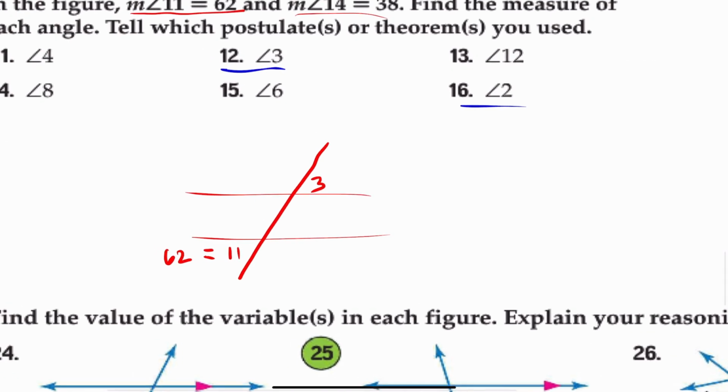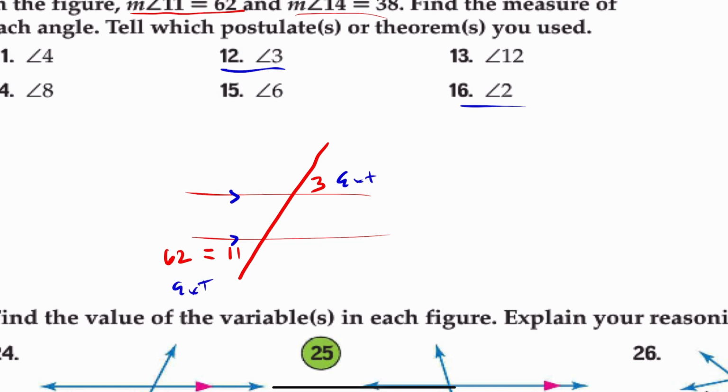So if I have these parallel lines cut by a transversal, just by looking at 3 and 11 here, these angles are alternate. That's for sure, right? These angles are alternate, and they're also exterior angles.